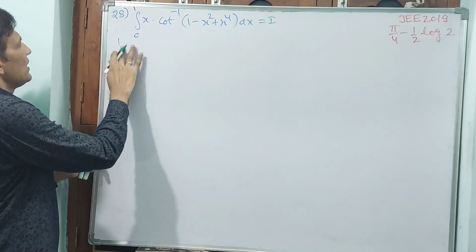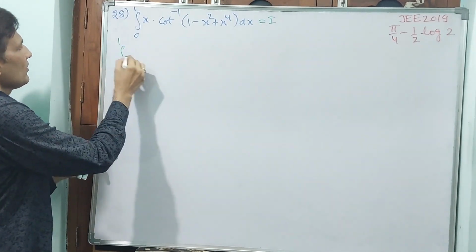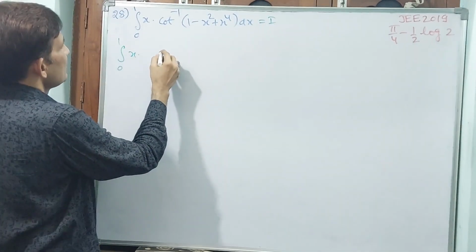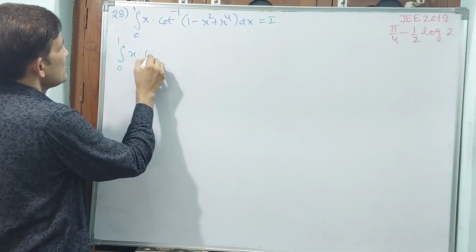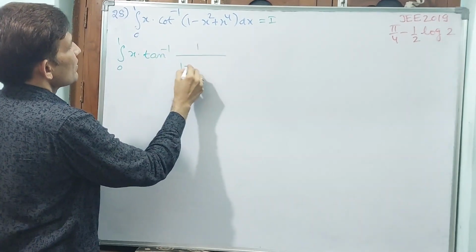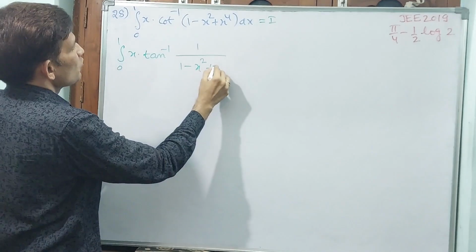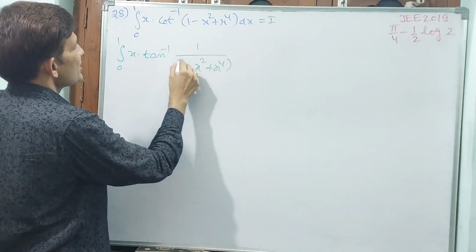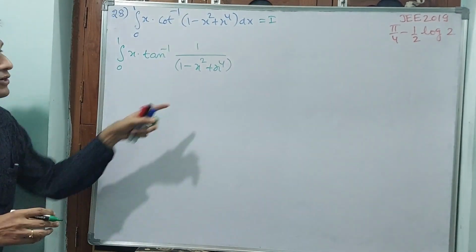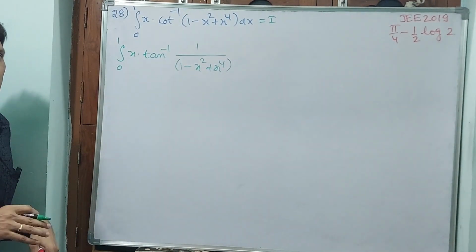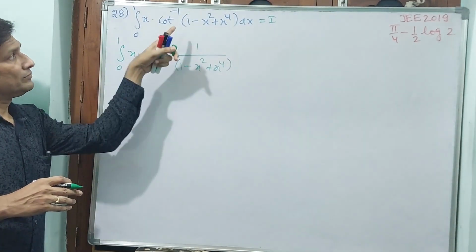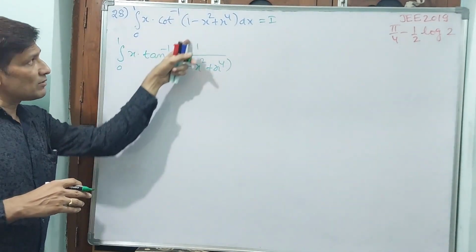Integral 0 to 1 x into tan inverse of 1 by (1 minus x square plus x to the power of 4). Is it okay? Why? Because we know tan inverse x is equal to cot inverse 1 by x, and cot inverse x is equal to tan inverse 1 by x.